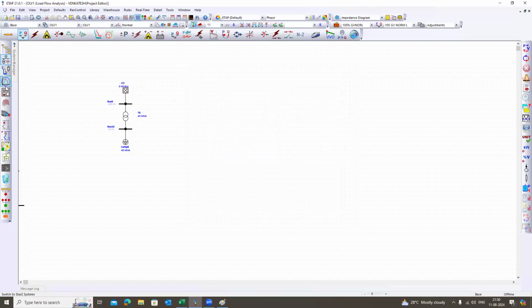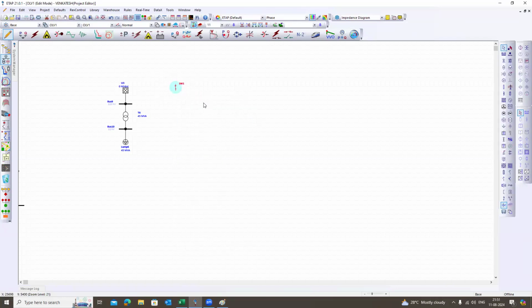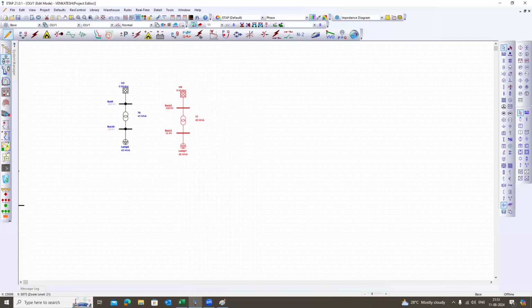Let me copy this, and now take the option to move from dumpster, just ungroup this one.